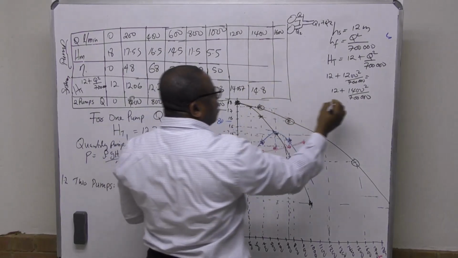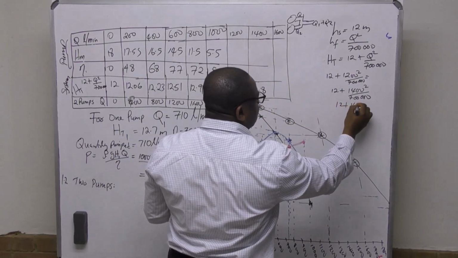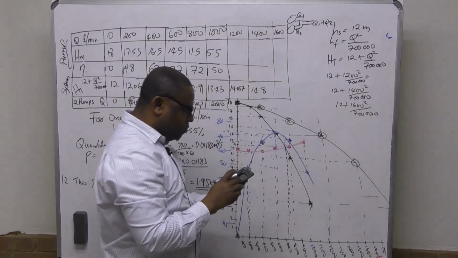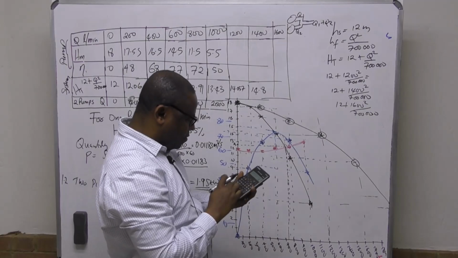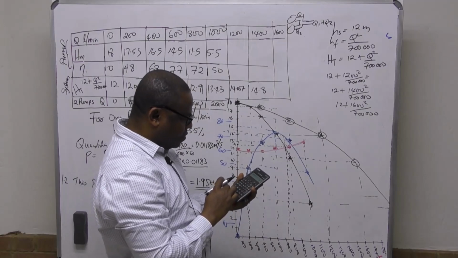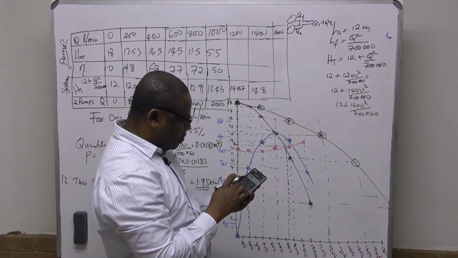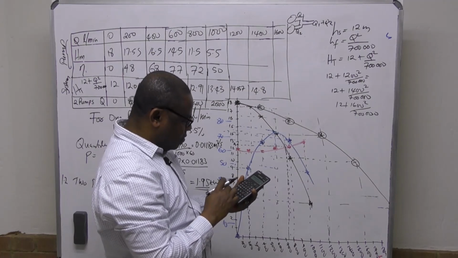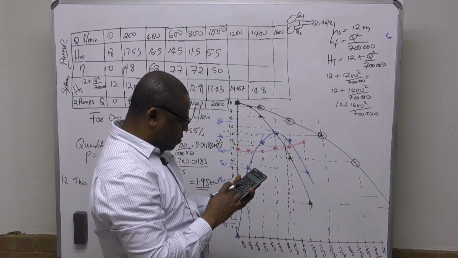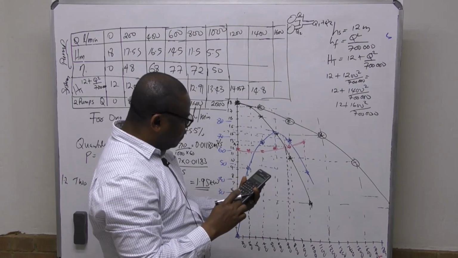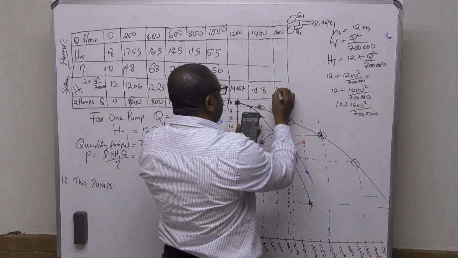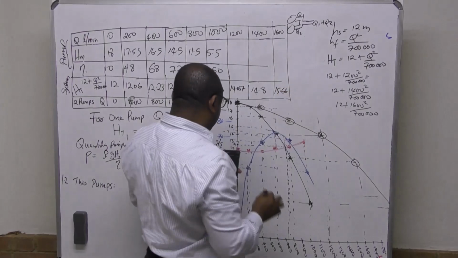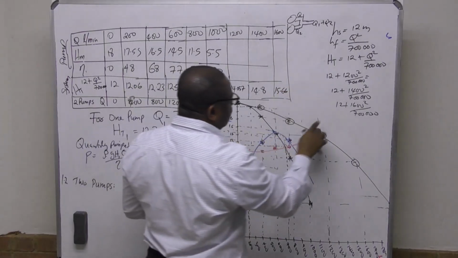Let's look at 1,600. 15.66. Okay, it has crossed it.